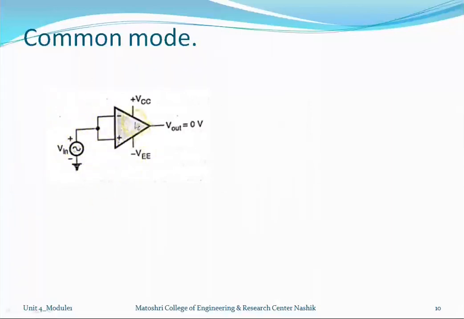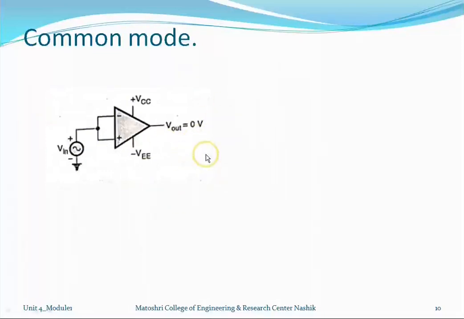So the op-amp takes the difference between this same common input signal, and the output is zero. So in the case of the common mode, the output of the operational amplifier is zero.